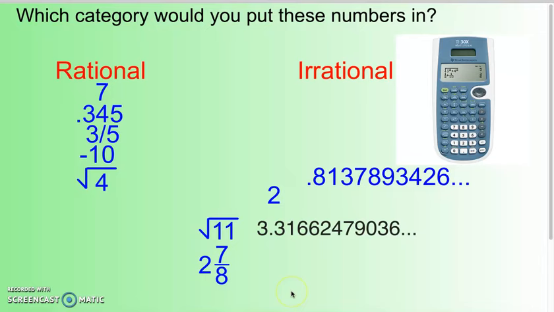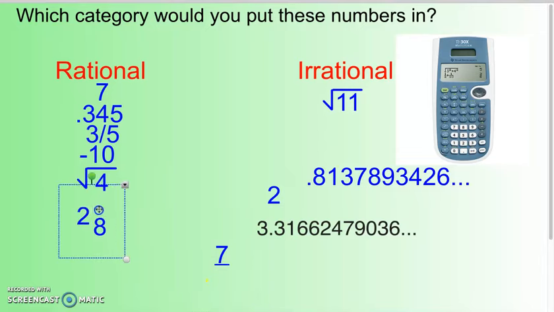This is what you would get on the calculator, square root of 11. Yeah, it's irrational because there's no pattern and it goes on infinitely. How about this mixed number? 2 7/8. It's got a fraction in it. It's over in this category.